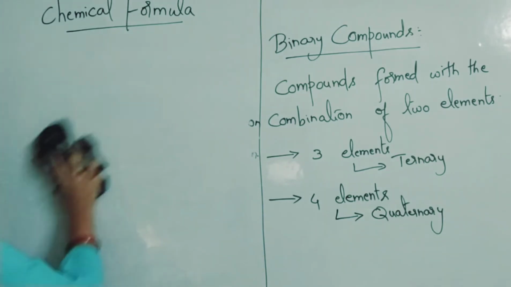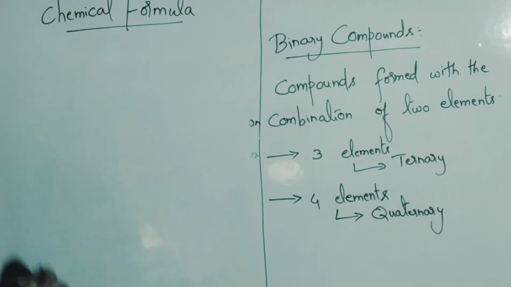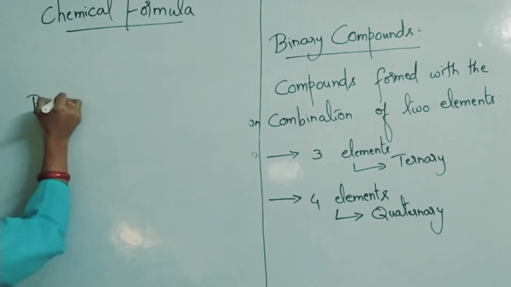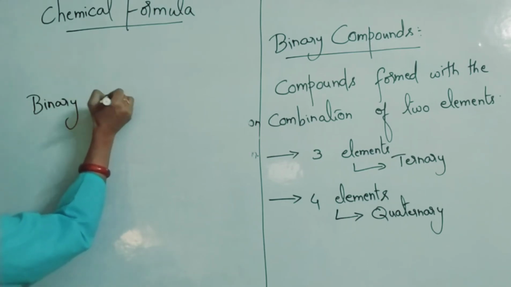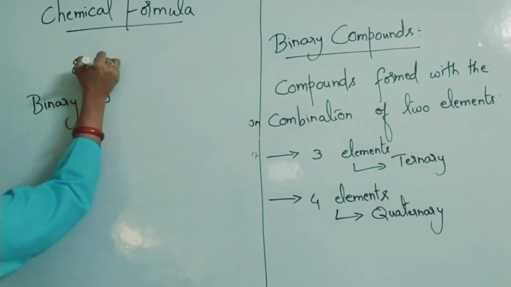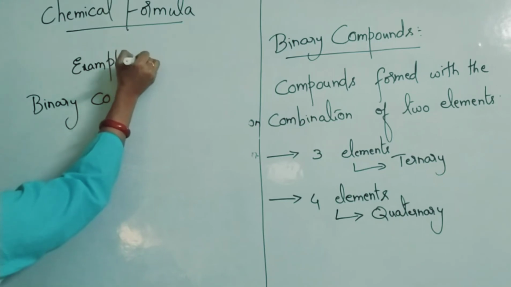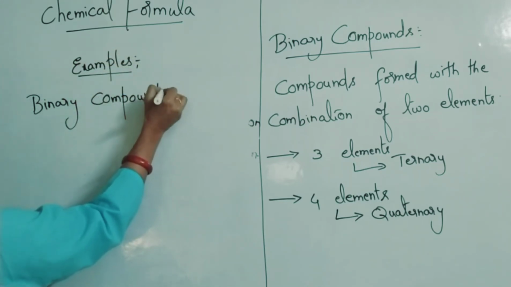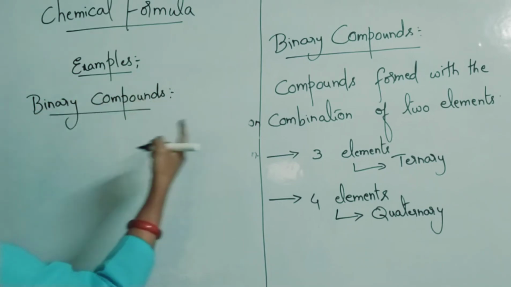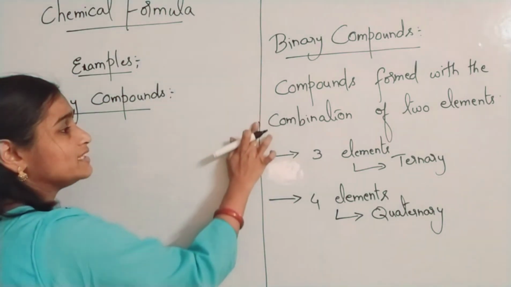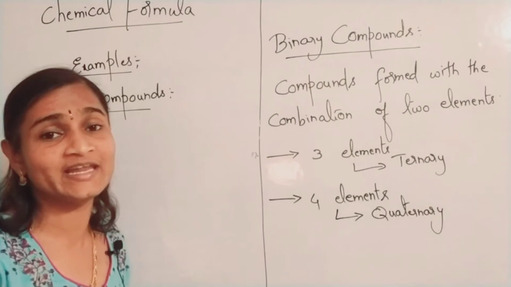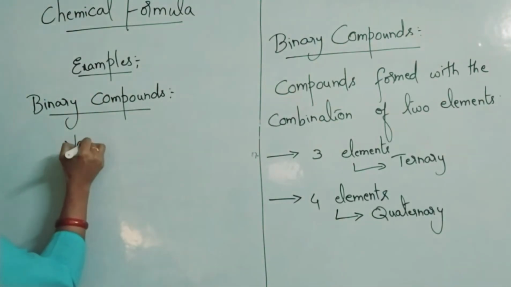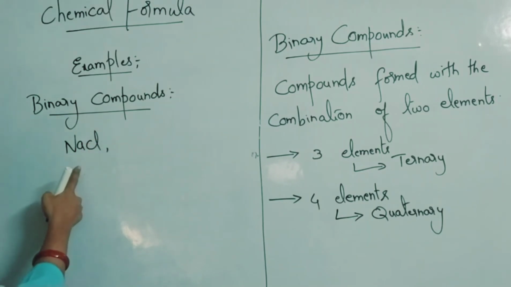So look at this. Binary compounds. As I just took the example of sodium chloride. Here I'll write examples. What are the examples for binary compounds? Compounds formed by the combination of only two different elements, isn't it? So we can take the example of NaCl, sodium chloride.